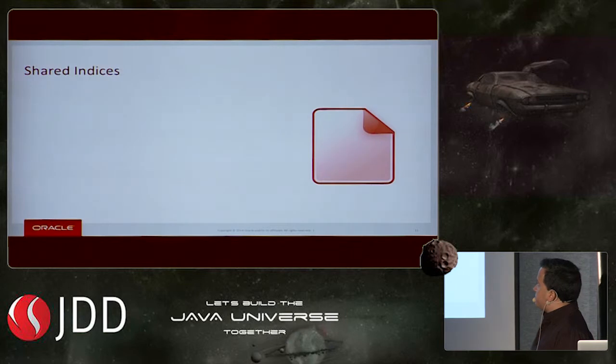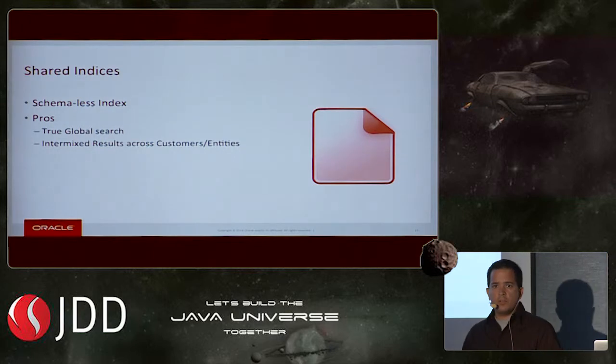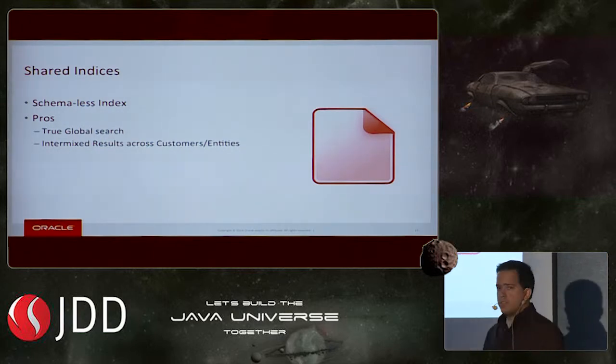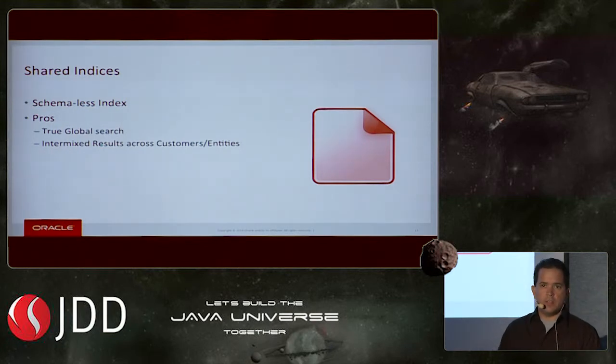All right. The shared indexes for the most part are schemaless. They're basically shared for all the customers. You're going to leverage a schemaless index, basically flex fields, where any customer can have any number of fields. They don't have to have the same structure for their entities, and they can all be put together.